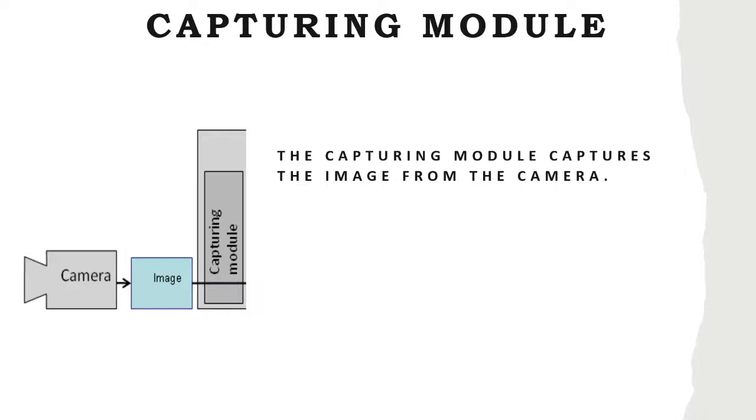Through the camera some sort of image is passed to your display, and when you click on the centered button in your mobile camera software, it is captured. So the capturing module basically helps to capture the video or the image.